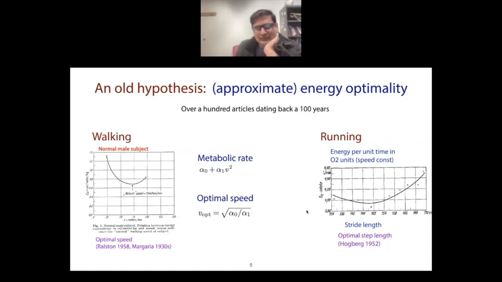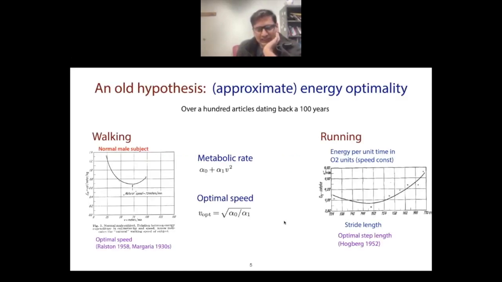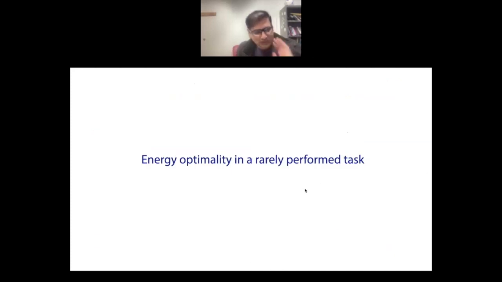I guess there is no such thing as steady state in the universe. But these were certainly more steady state repetitive behaviors than at least the ones that we will see here. So these are familiar steady state tasks. And then what we will describe in this talk is energy optimality along tasks that differ from that along different dimensions.